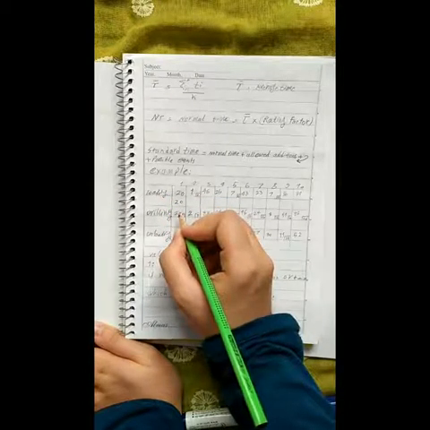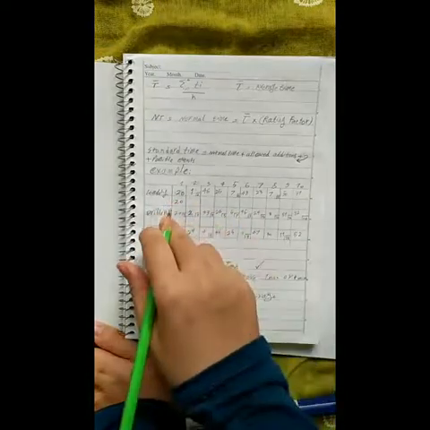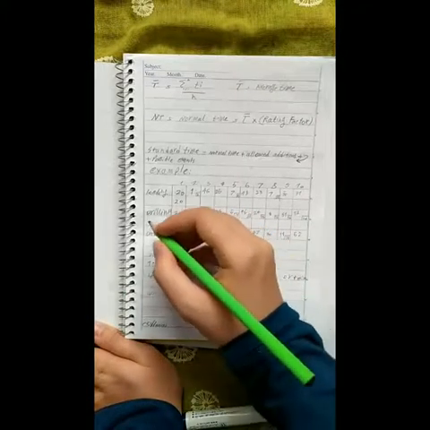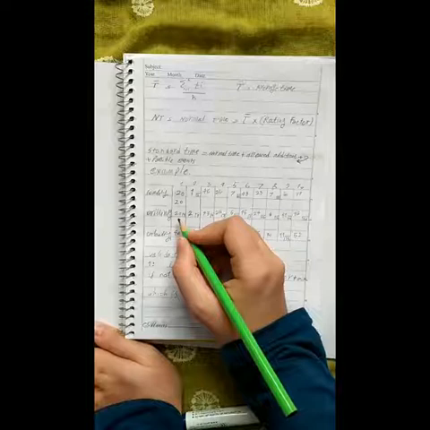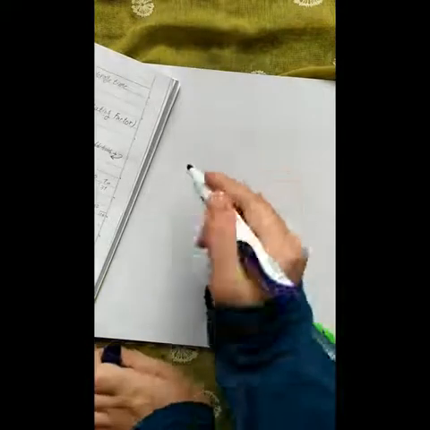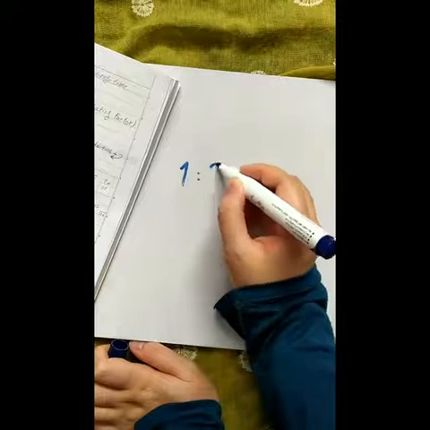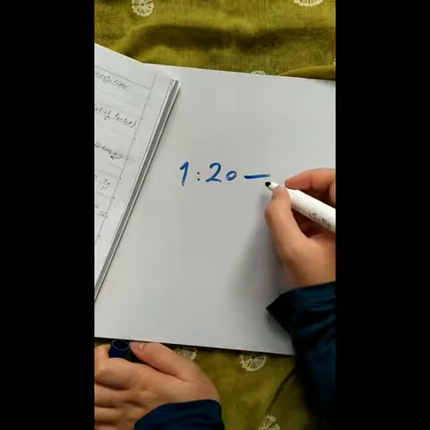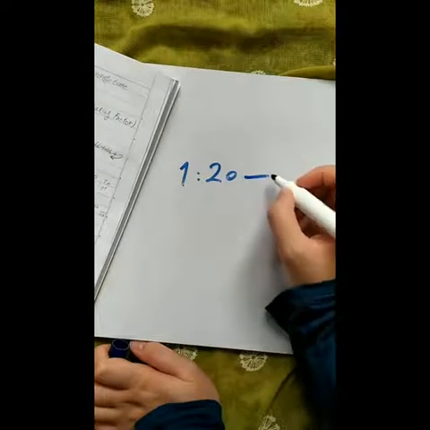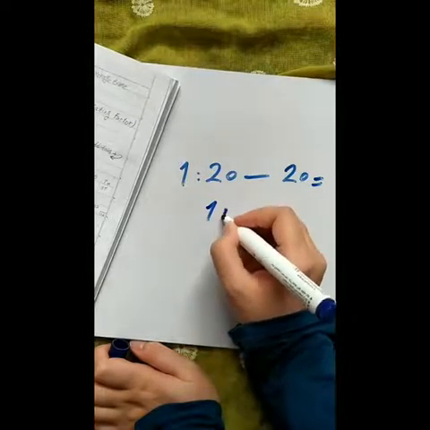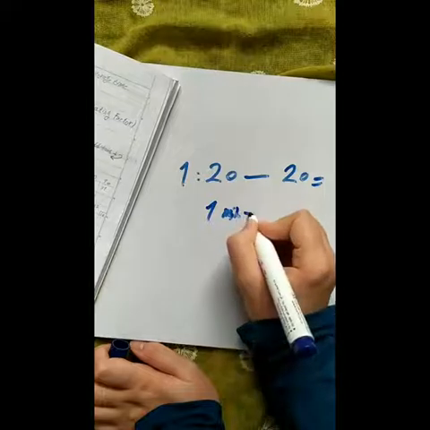For calculating the time we spend on drilling itself, we have to do this. I want to explain it here. 1 minute and 20 seconds minus 20 seconds is just 1 minute.